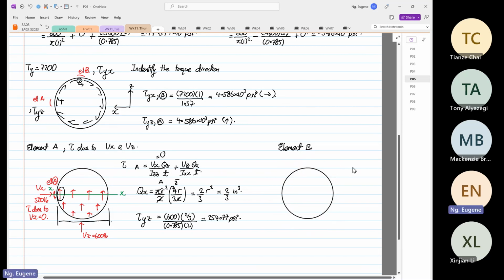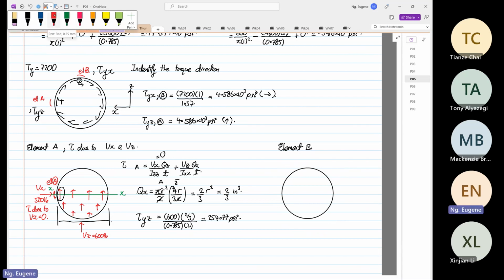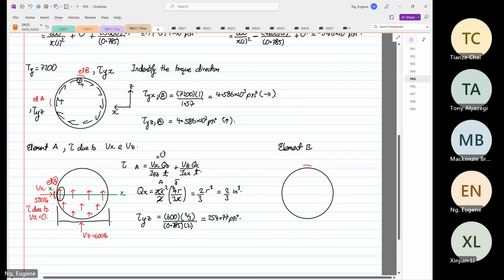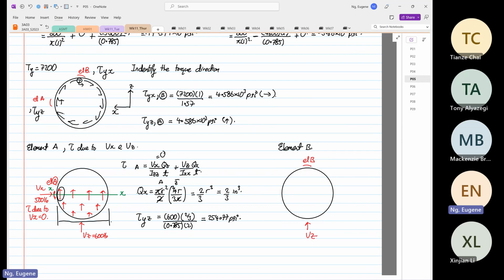Now element B is over here, right? So again, we have our Vz and we have our Vx.